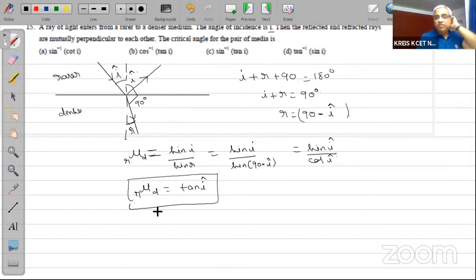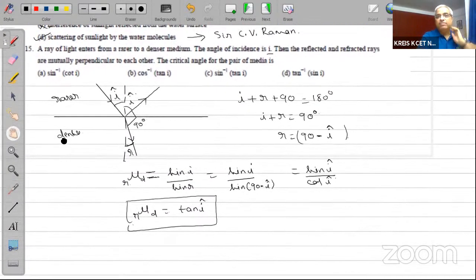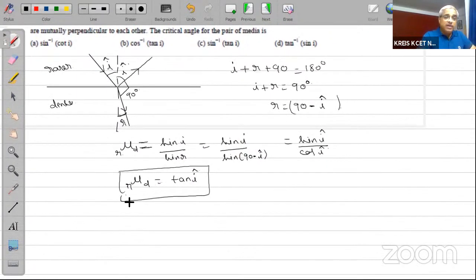This is in fact one piece of information that we are going to use. But sin C for any medium will always be given by 1 by mu of the denser medium with respect to the rarer medium. So what can I write sin C as?